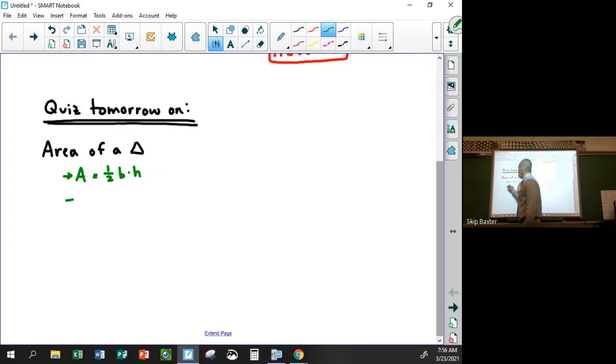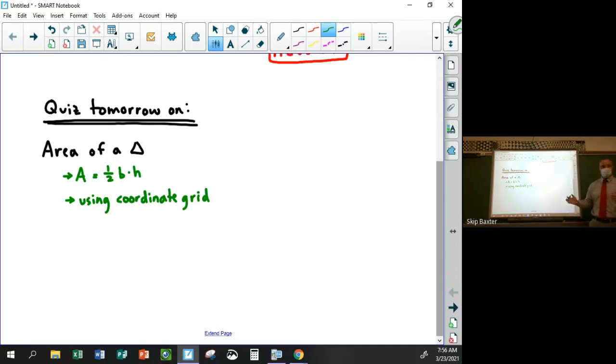We did it using a coordinate grid. That's when you're given the coordinates for the vertices, you graph the triangle, you enclose it in a rectangle, and you subtract the area you don't want. And then we did it using Heron's formula.